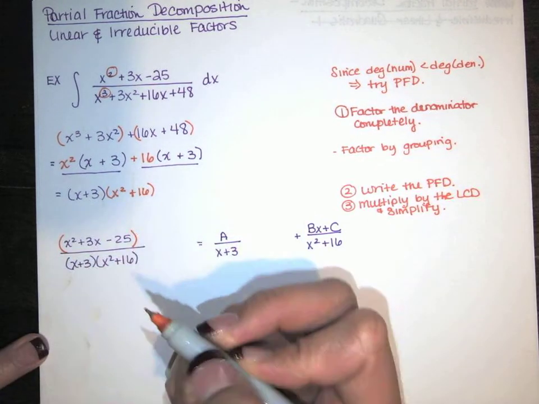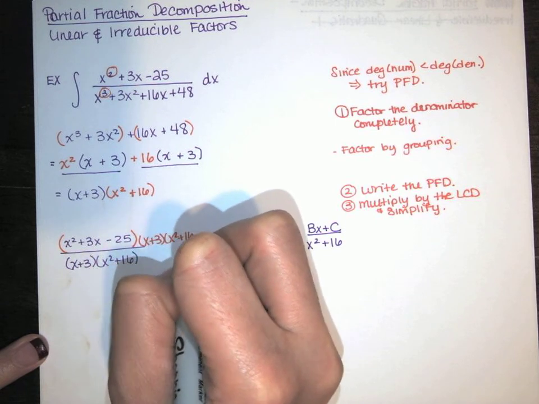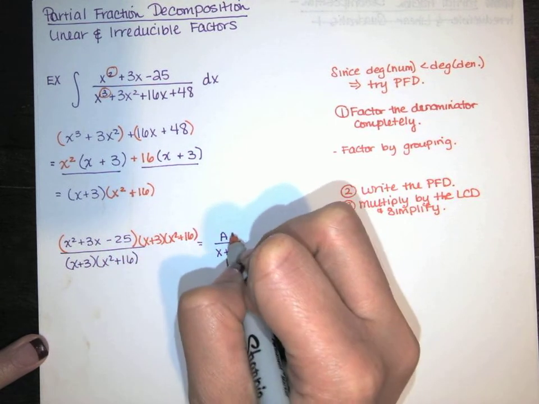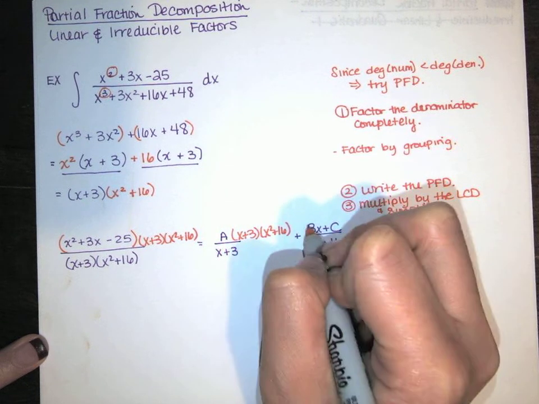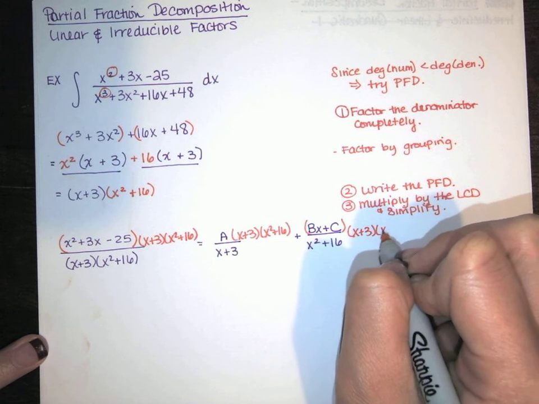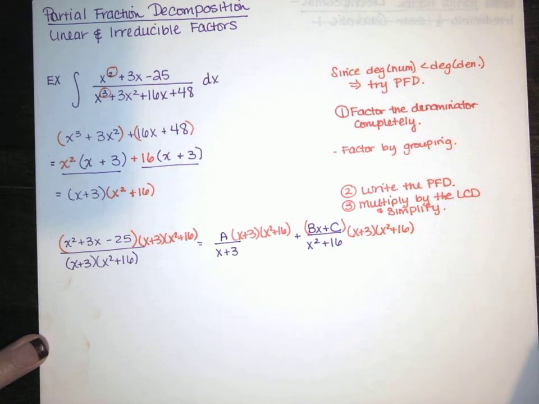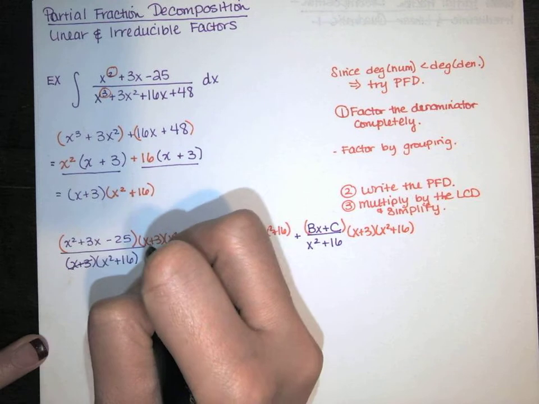So I've got that whole group times the original denominator. And then I've got this times the original denominator. And then this times the original denominator. Okay, and the x plus 3's reduce here.